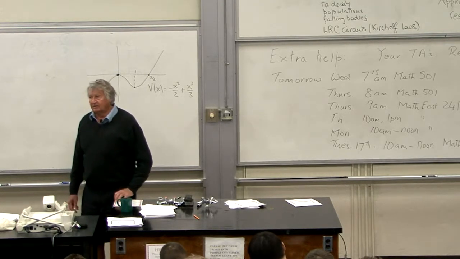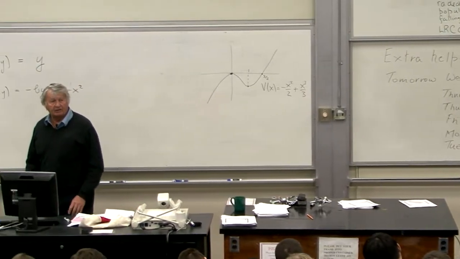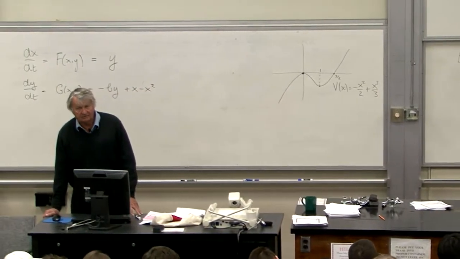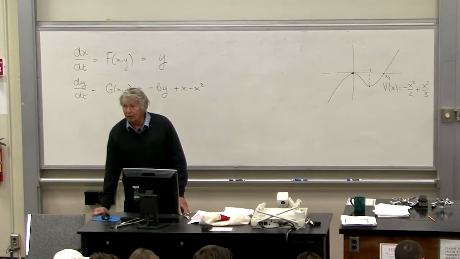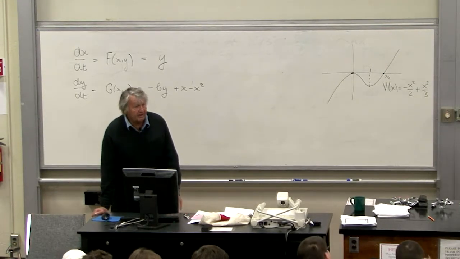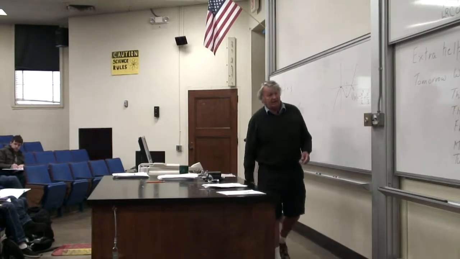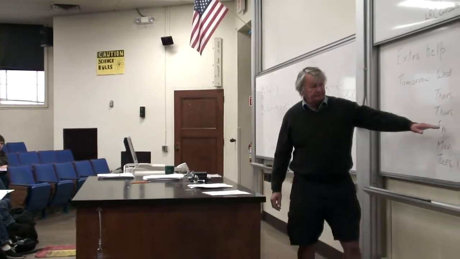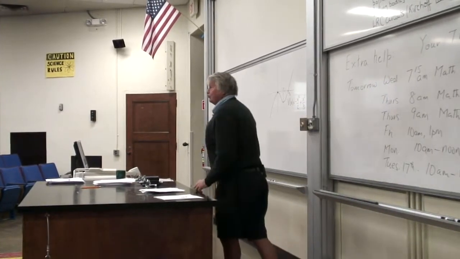Then, Brittany is available at 9 o'clock in Math East 241 on Thursday. On Friday, Bowen and Celine, respectively, are available at 10 a.m. and 1 p.m., again in Math East 241.